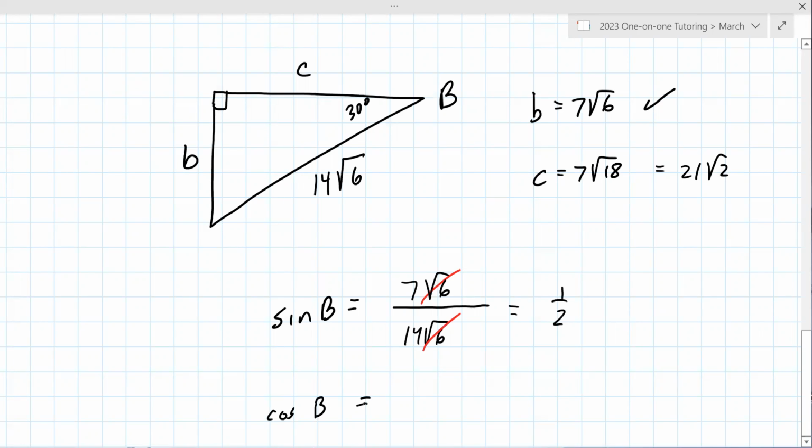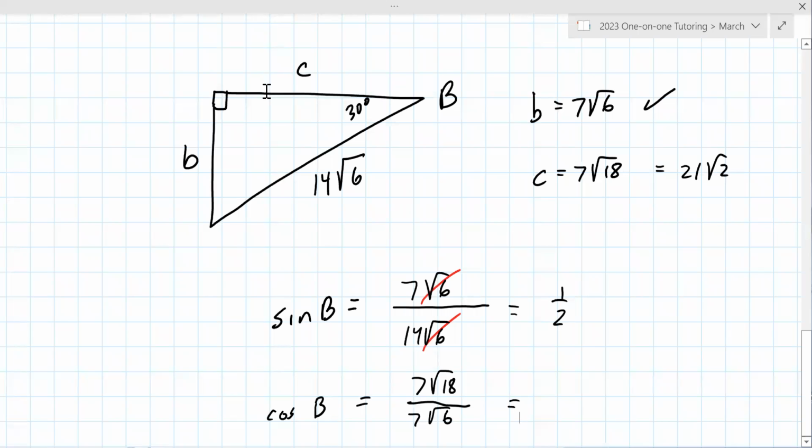Now give me the cosine of B, please. Cosine of B will be adjacent over hypotenuse, which will be 7 square root 18 over 7 square root 6, which will be square root 3. Correct? You said the adjacent is 7 square root 6?